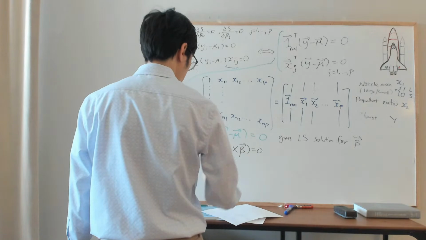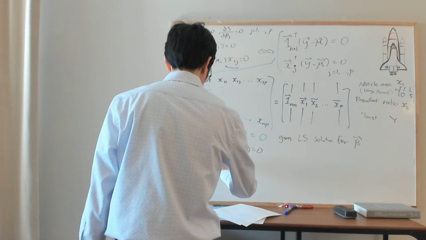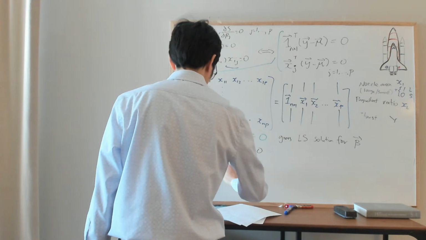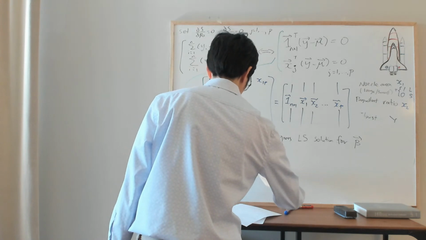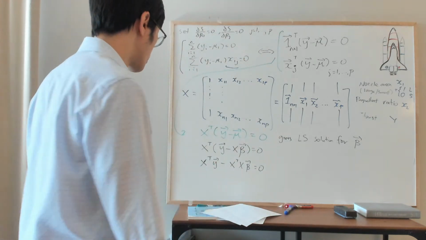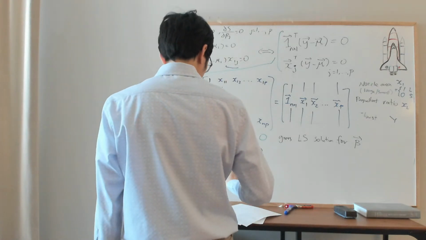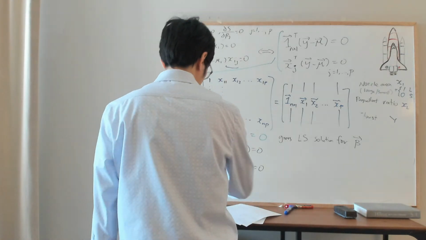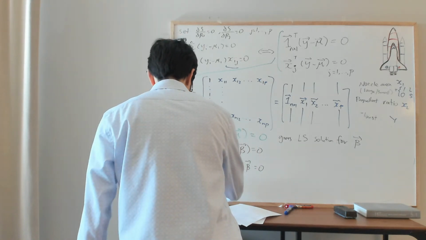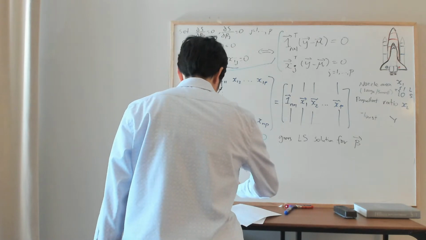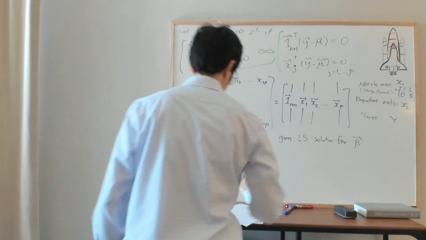Let's multiply through. X transpose y minus X transpose X beta equals 0. We move it to the other side, so X transpose X beta is equal to X transpose y.